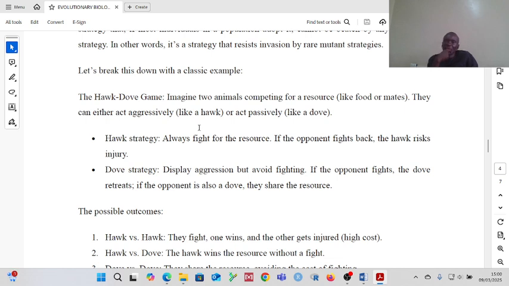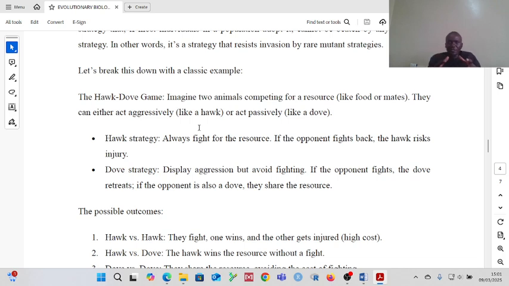Okay? So that's the cost. But the benefit is it might eventually do what? Access the resource. Let's look at the dove strategy. So the dove strategy is you display aggression, but you avoid fighting.